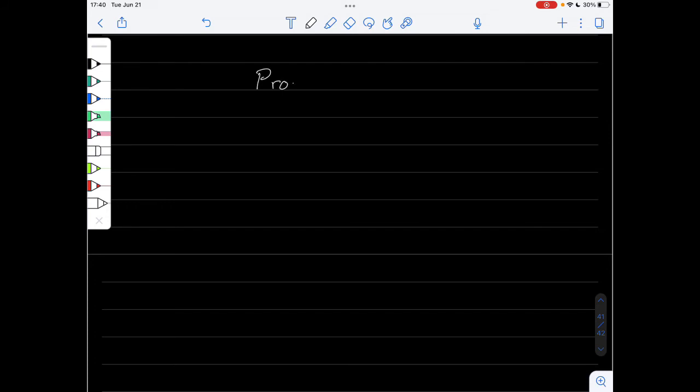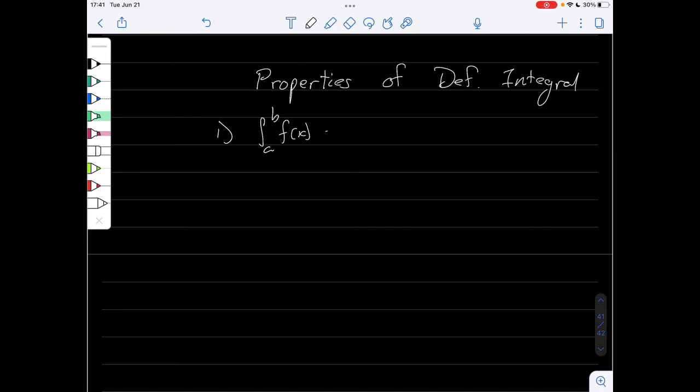So finally, we're going to look at some properties of the definite integral. Okay, so the first property that we're going to look at here is the integral from a to b of f of x dx.